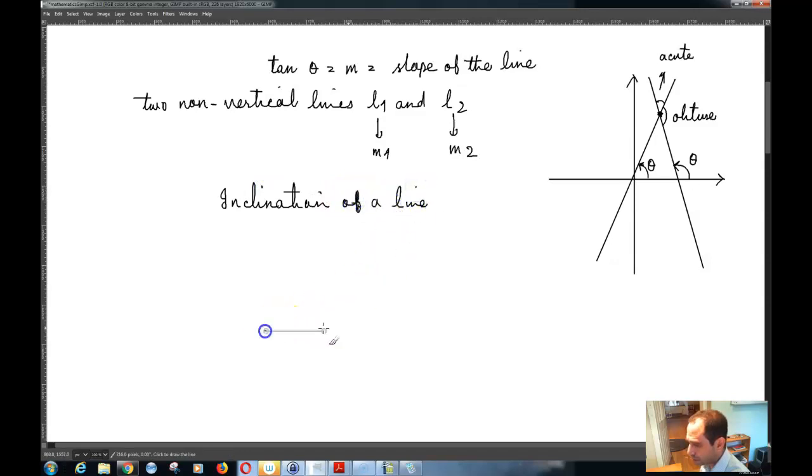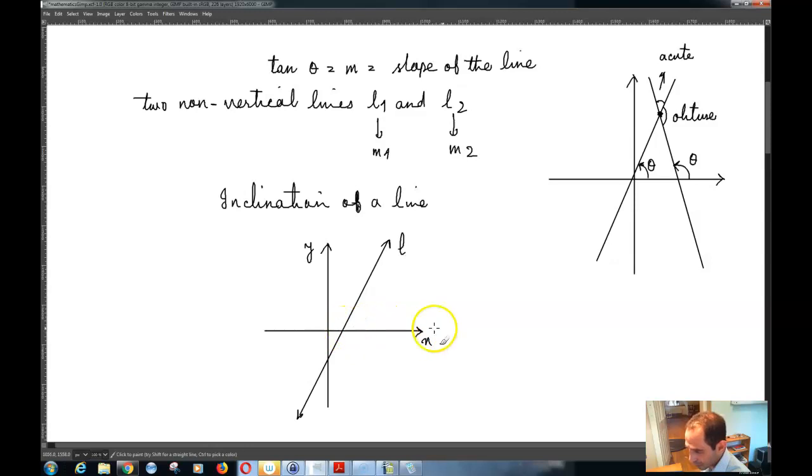If you have a line, let's say this is the x-axis and this is the y-axis and this is your line, let's call it line L, the angle that the line makes with the positive direction of the x-axis, measured in the anti-clockwise direction, you can call it theta, phi, beta, or whatever you want, but this angle is called the inclination of the line.